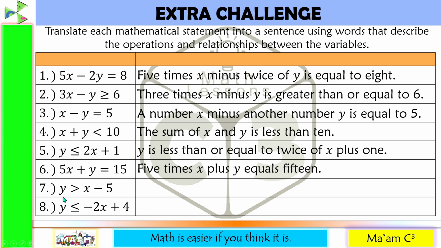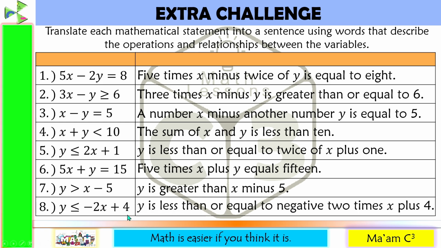Number 7, y is greater than x minus 5. And the last one, y is less than or equal to the negative of 2 times x plus 4. Actually, this is not the only answer. You can create another mathematical sentence for as long as it is congruent to the mathematical statement here.